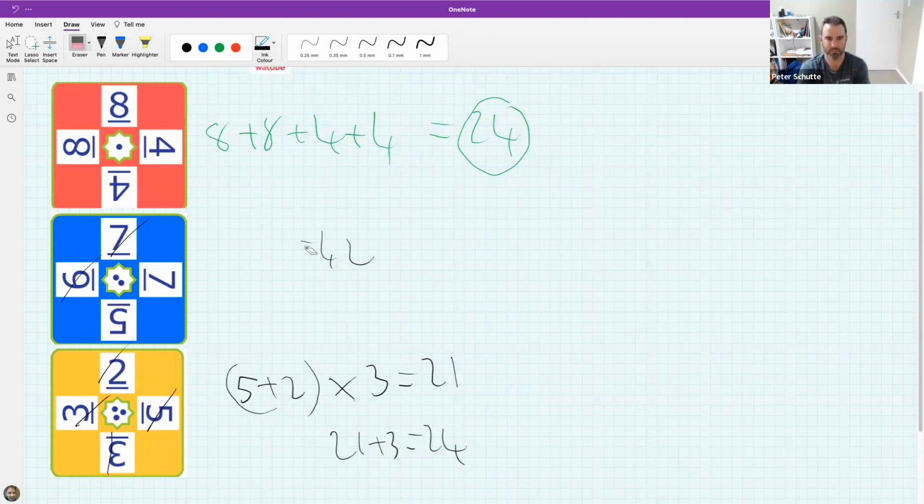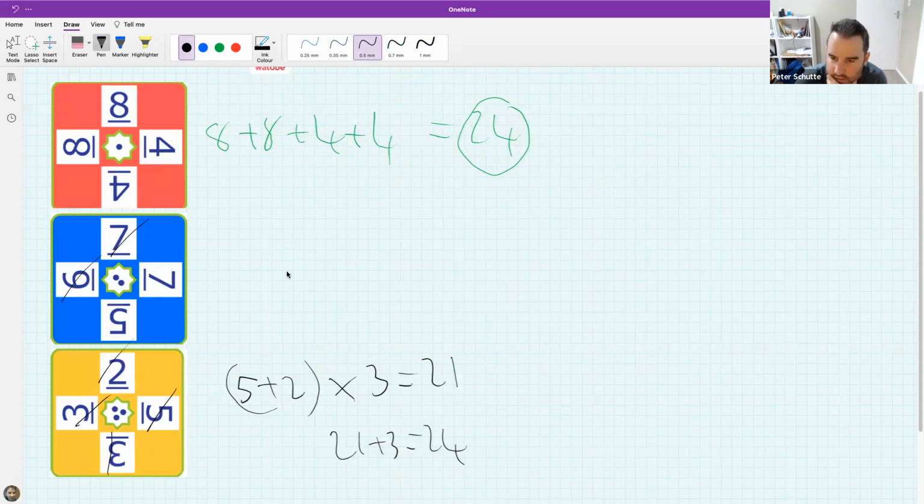No, the blue is beyond me at this stage. But 7 minus 5 is 2. Still not. Okay, well, I can't get the blue one yet.